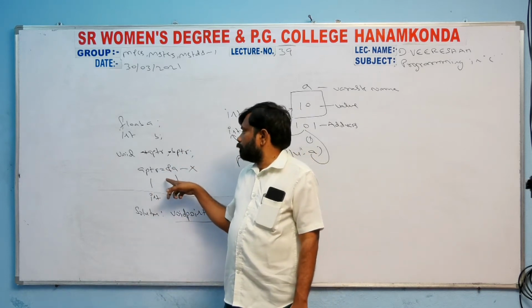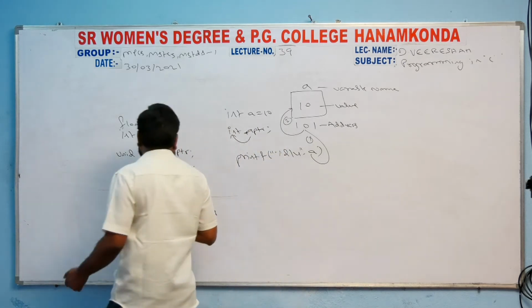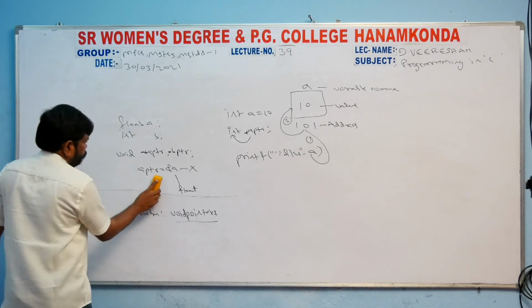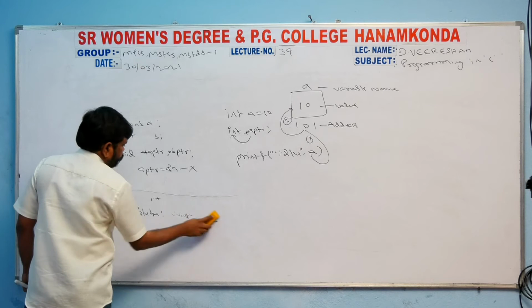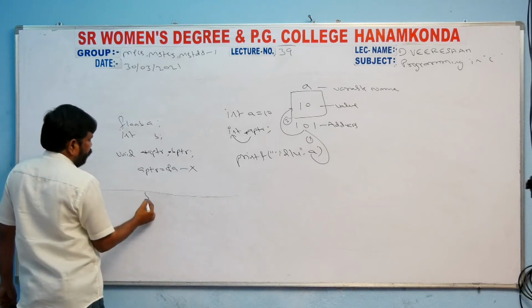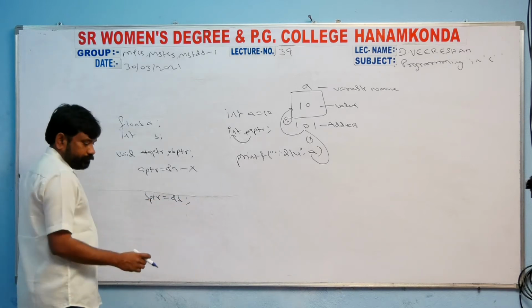But here, I said A pointer is equal to address of A, and the other statement is B pointer is equal to address of B.